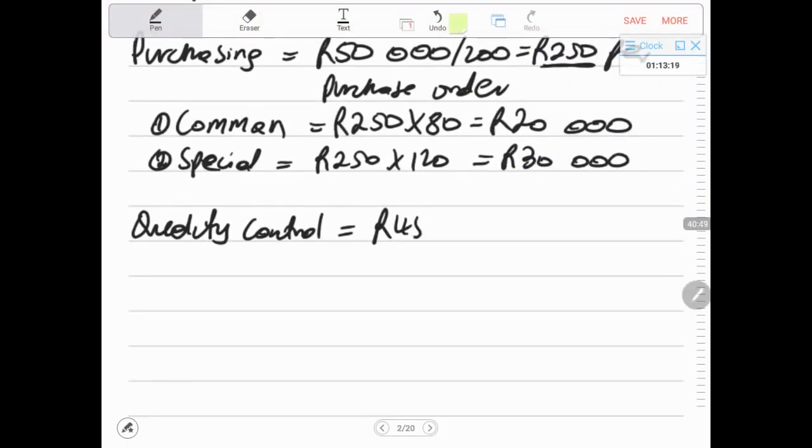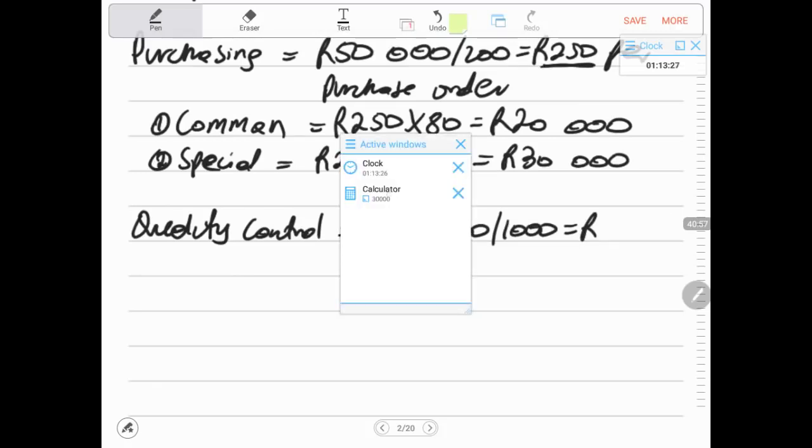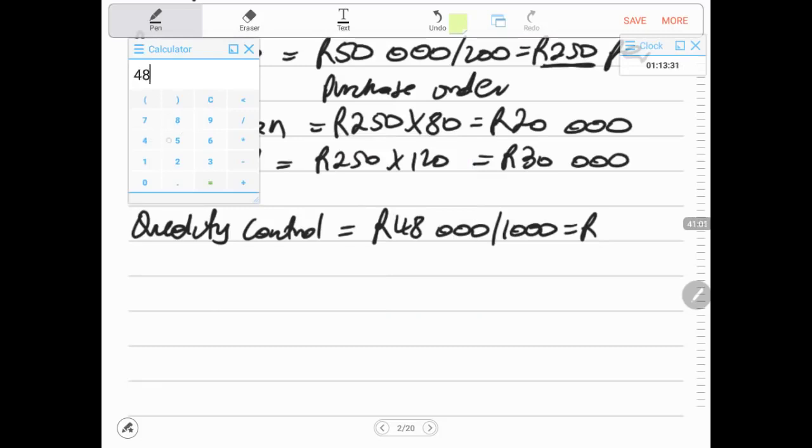So we have 48,000. Divide this by 1,000, and let us see how much we are getting. It will be 48 rand. This is 48 rand per quality control.